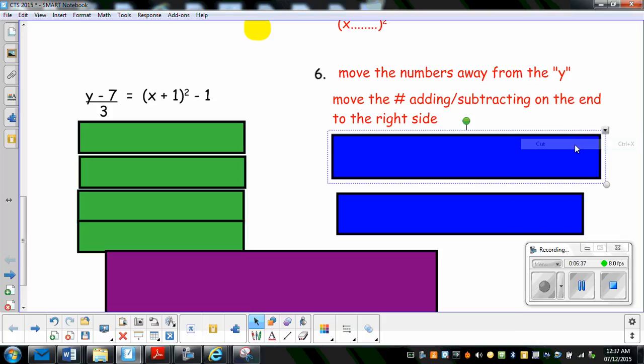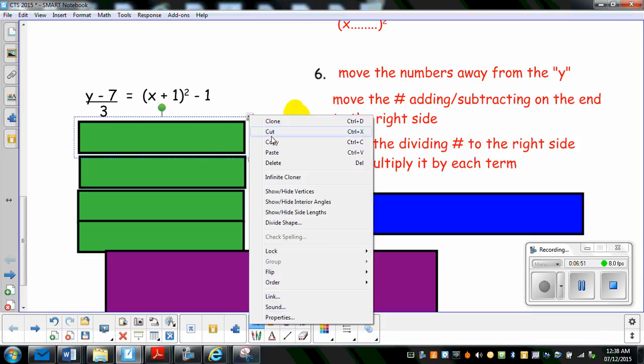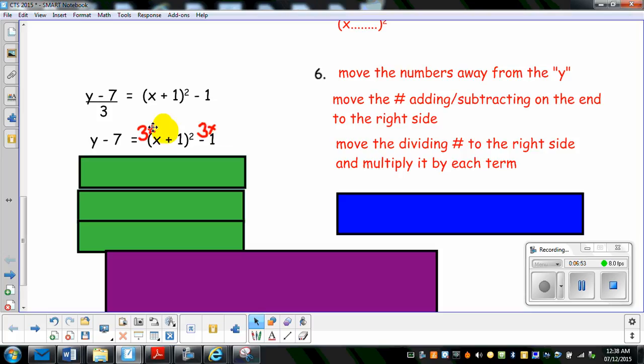Next, we're going to move the number that's dividing. So this 3 that's dividing on the bottom is going to move to the other side, and it has to multiply by each term on the other side. So when that 3 moves over, it's going to be multiplied by the bracket. So I've got 3 times x plus 1 squared.